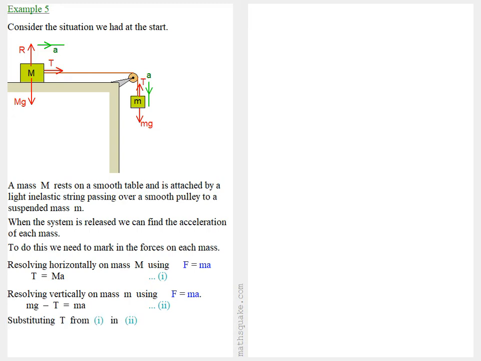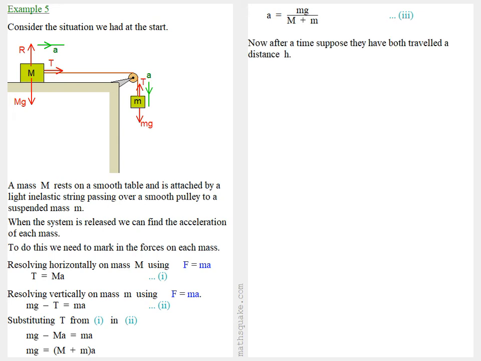Now, if we substitute T from equation 1 into T in equation 2, that gives us small mg minus capital Ma equals small ma, or mg equals capital M plus small m times A. And we can divide all the way through by M plus m to get A equals mg over capital M plus small m.